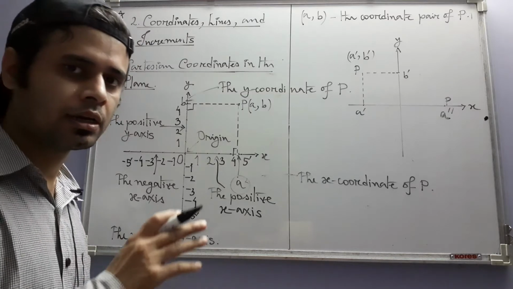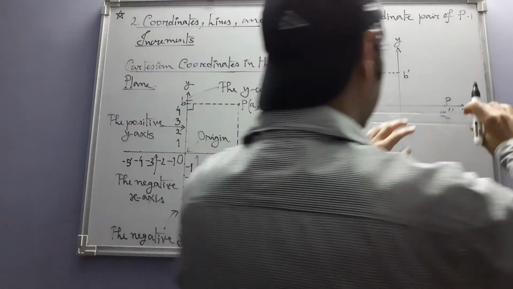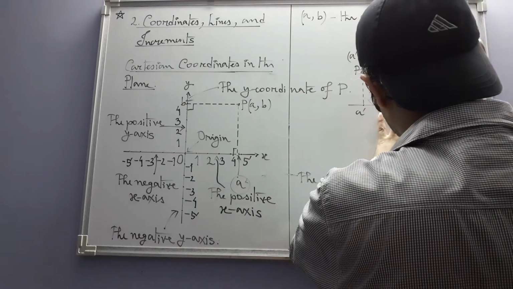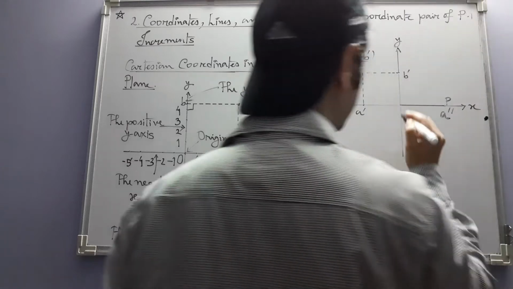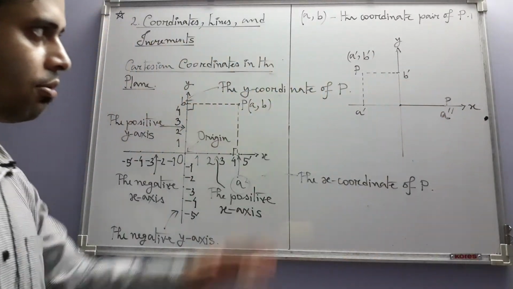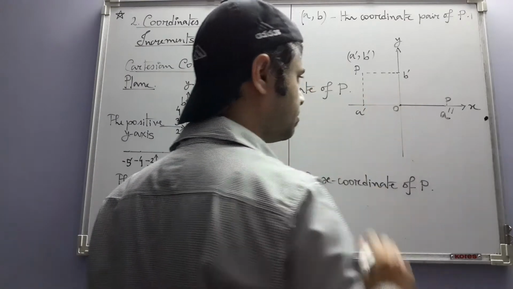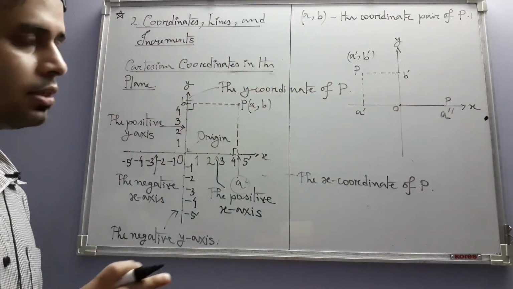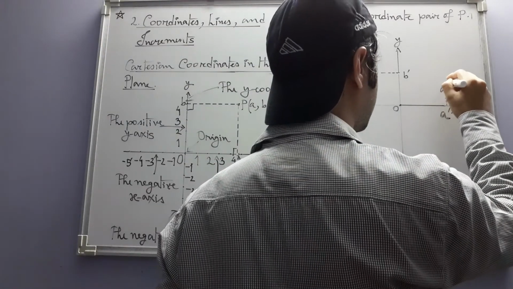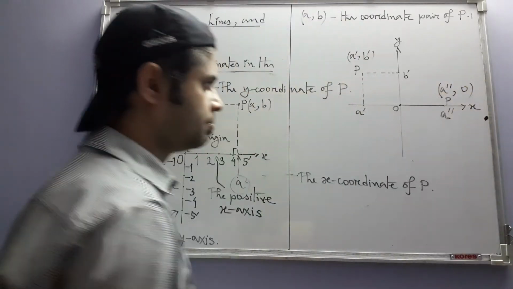And if you draw a perpendicular from P on the y-axis, then that perpendicular is just this one, whose foot turns out to be this real number. Now on the vertical real line, this real number is just 0. So the coordinate pair of such a point is a double prime comma 0.